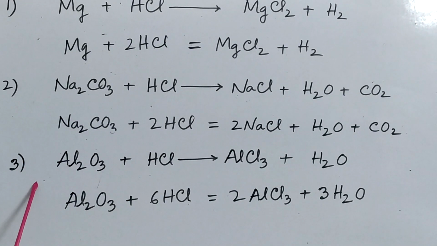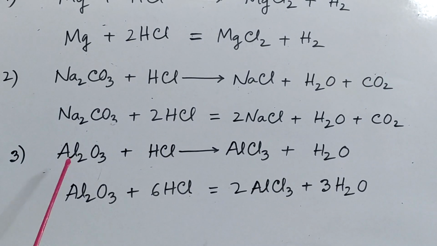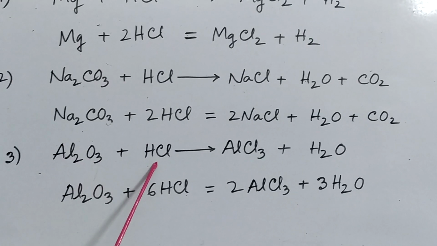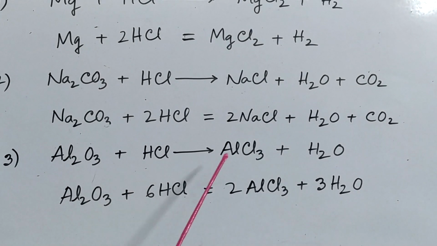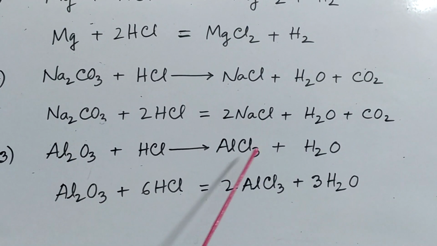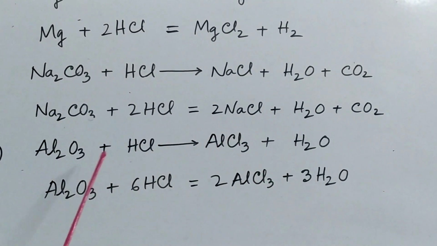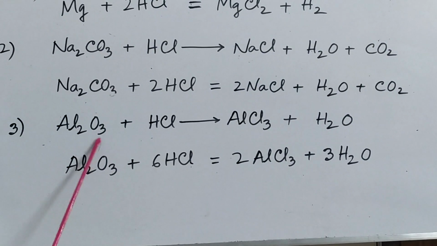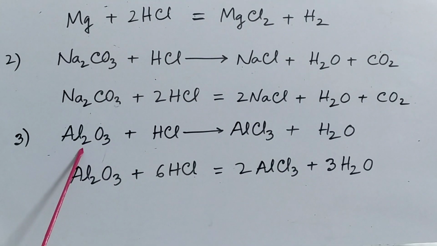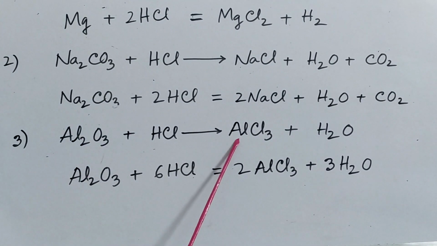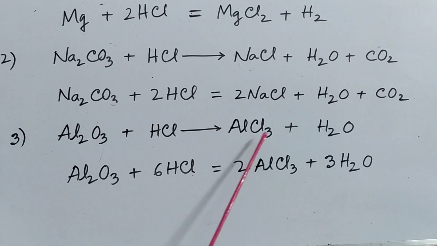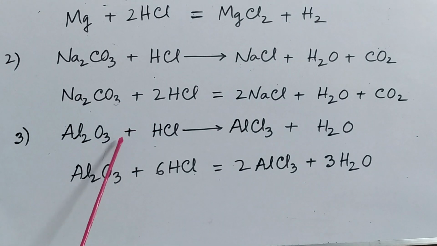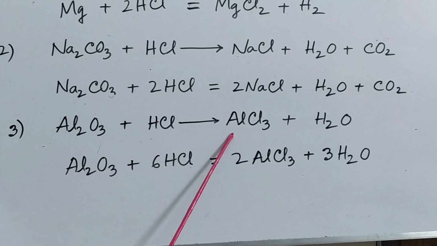So number 3, equation number 3, it is aluminum oxide reacts with hydrochloric acid to produce aluminum chloride and water. Aluminum oxide, the valency of aluminum is 3, the valency of oxygen is 2. So here also the valency of aluminum is 3, valency of chlorine is 1. Now we have to balance the equation.